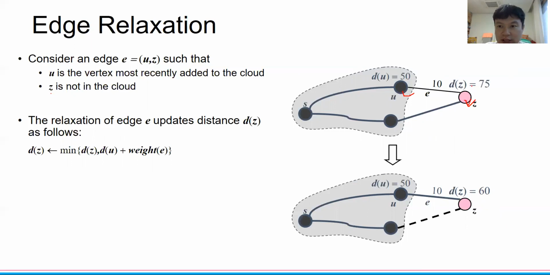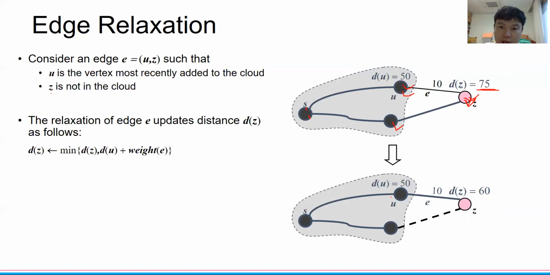The original d(z) is 75. From this graph, you can go from s to u and then to z, or from s to another vertex and then to z. The original value, we don't know which path has been taken, and the value is 75.